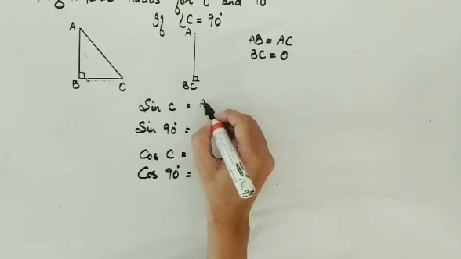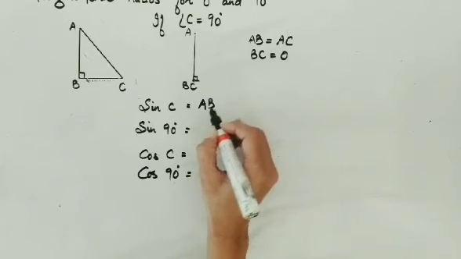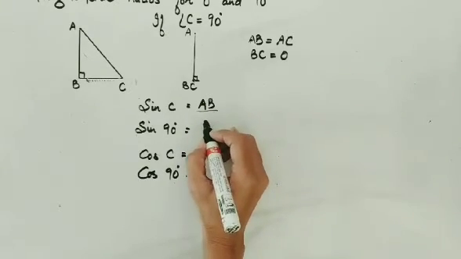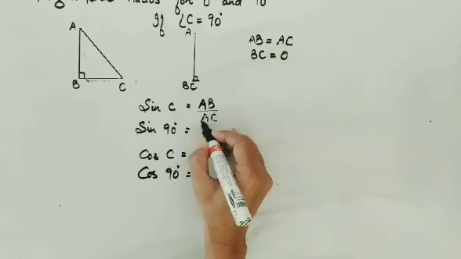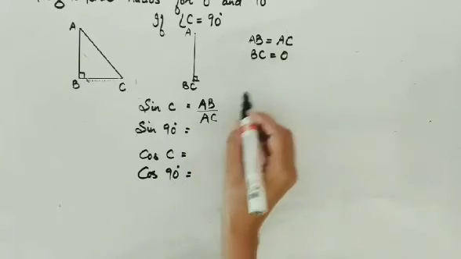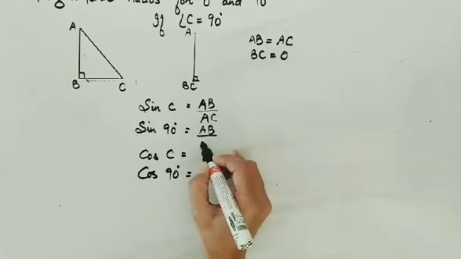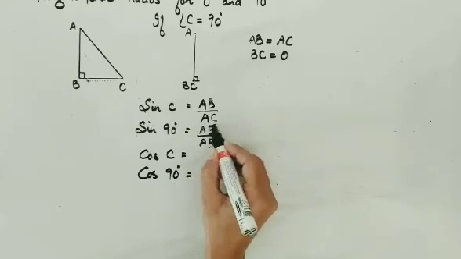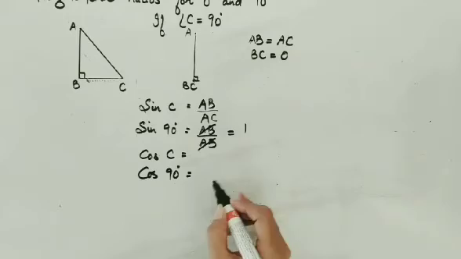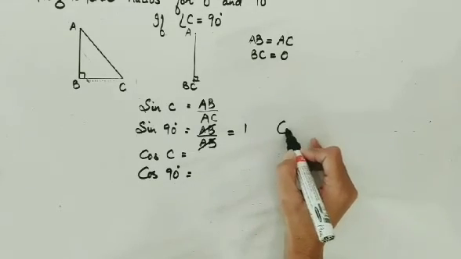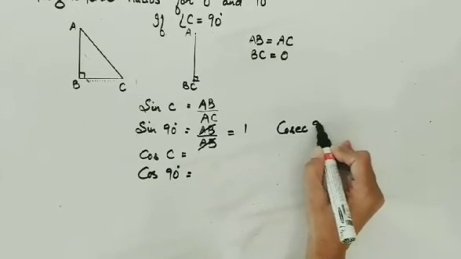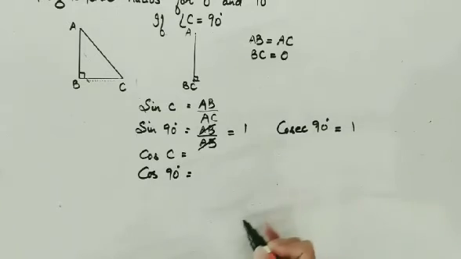Perpendicular is AB. Hypot is, what is hypot? It's AC. To substitute the values, AB, AC are equal. So I would just write AB by AB or AC by AC, which cancels, and sine 90 becomes 1. If sine 90 is 1, cosec 90, which is its reciprocal, would also be 1. Reciprocal of 1 has to be 1.